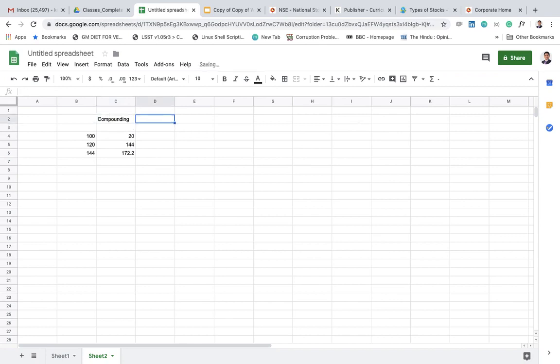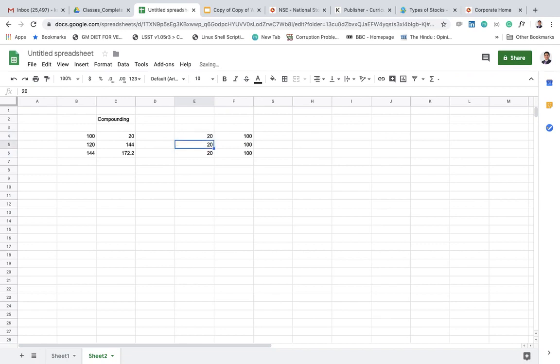Now, there could be another situation: you have 100 rupees, you made a profit of 20 rupees, and you spent these 20 rupees. Then again, you are left with 100 rupees. Next year, again, you spent, or took out the profit and kept it aside, and then again in the third year, you have 100 rupees and you kept this profit aside.